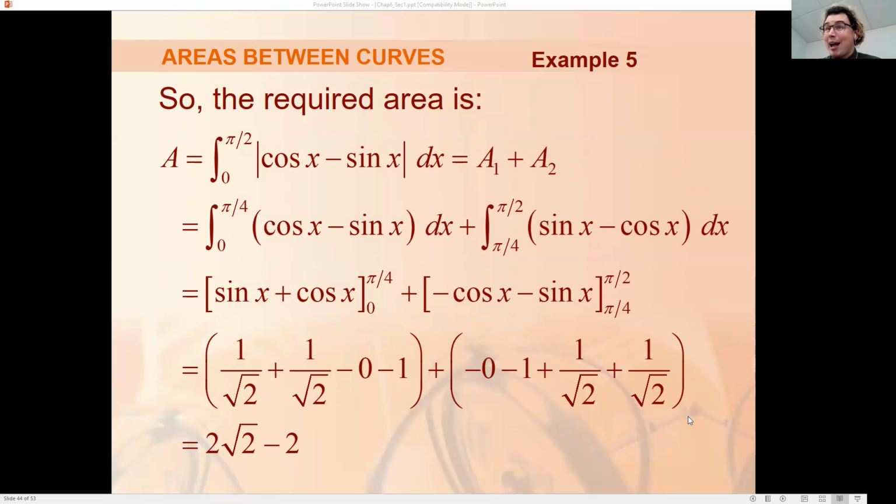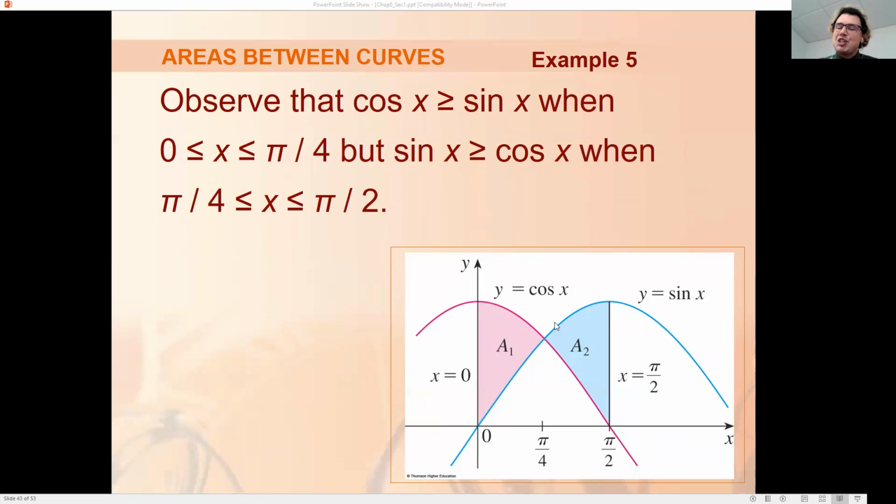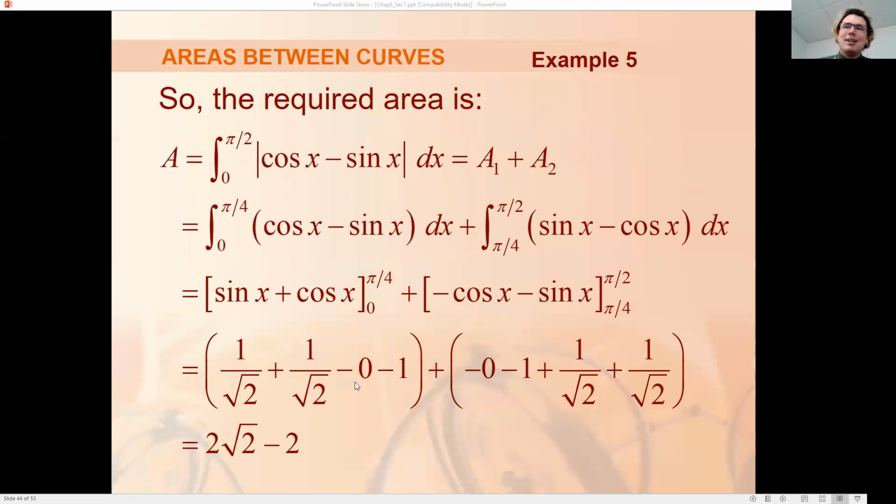I'm not surprised by that because in my picture, there's a symmetry in these graphs. So for this problem particularly, I see that the area in pink is actually equal to the area in blue. And that geometric observation is reflected in my calculation here. I do get the same number twice. That's kind of a cool thing.